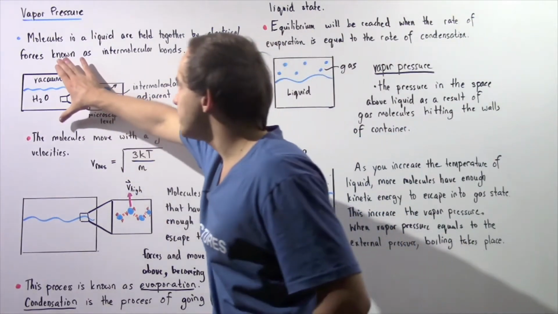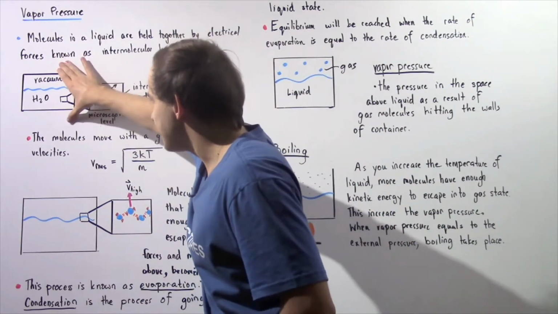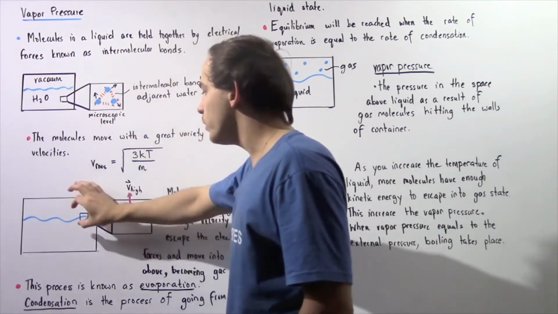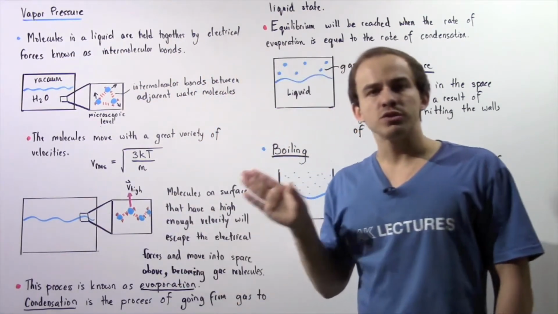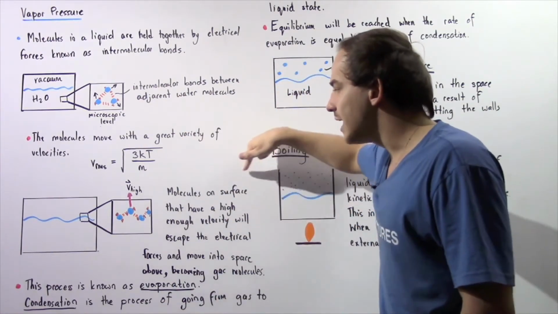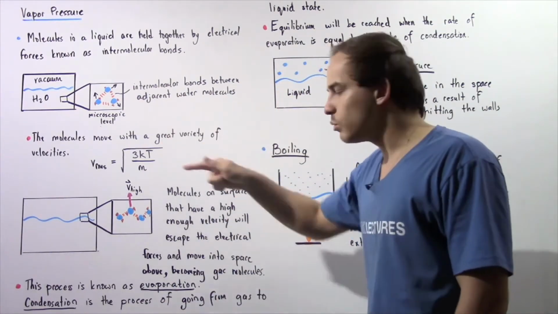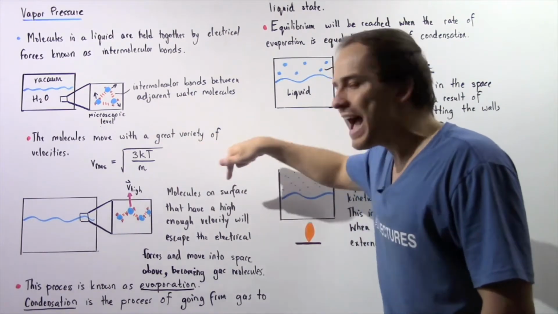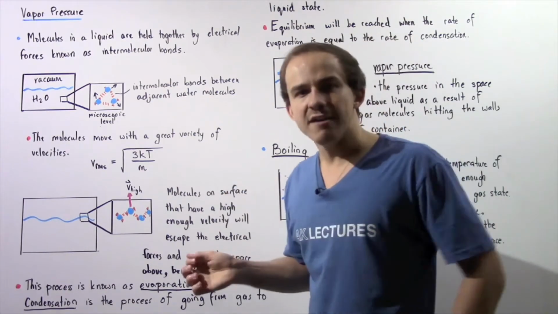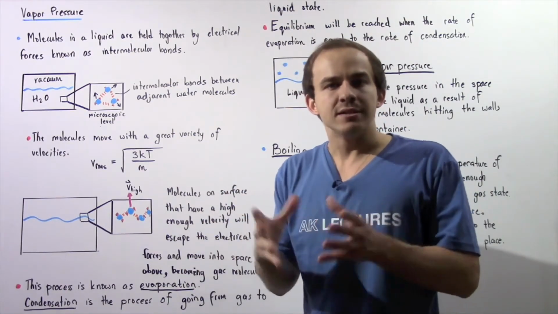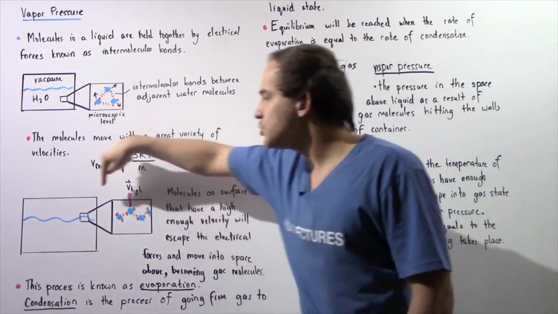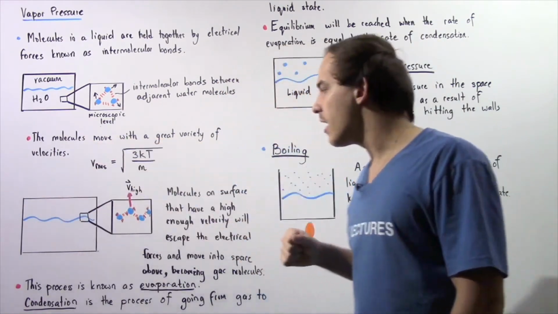Now let's suppose we take the same exact container that has a vacuum above this liquid and we examine the molecules found on the surface. So the molecules on the surface of our liquid, of the water, that have a high enough velocity will escape the intermolecular bonds, the electrical forces, and will move into the empty space above.